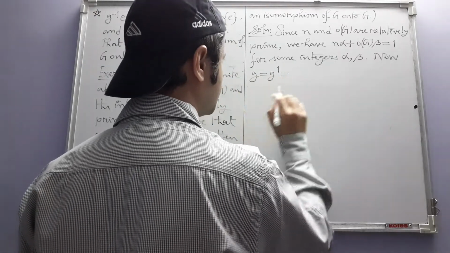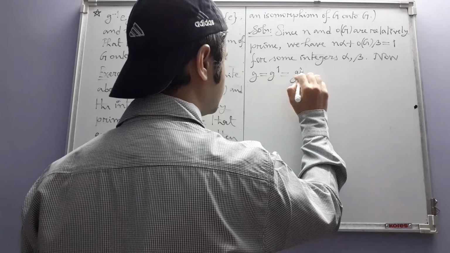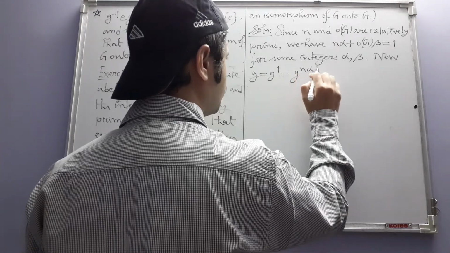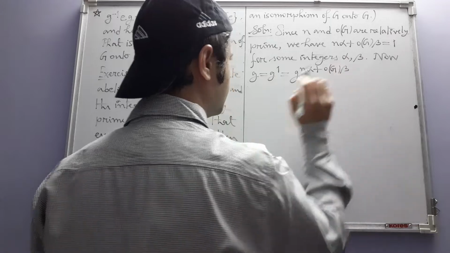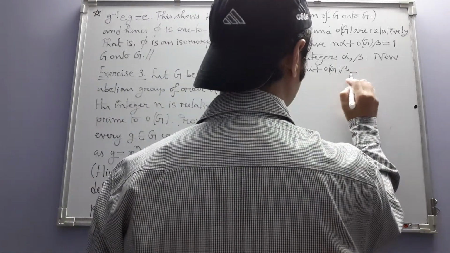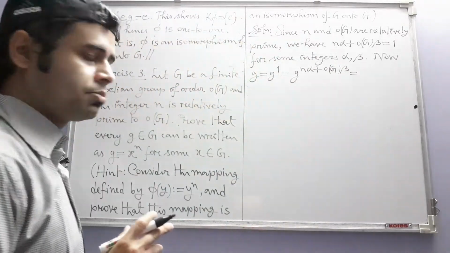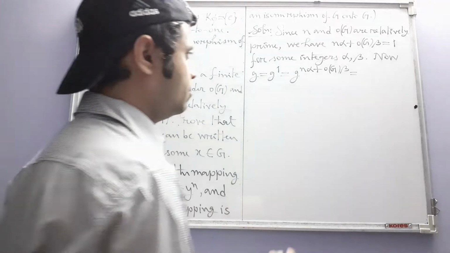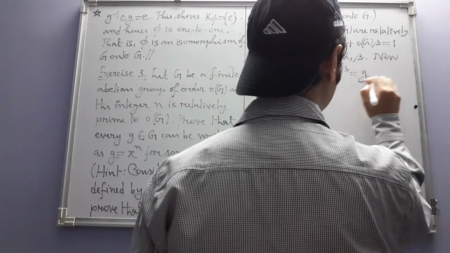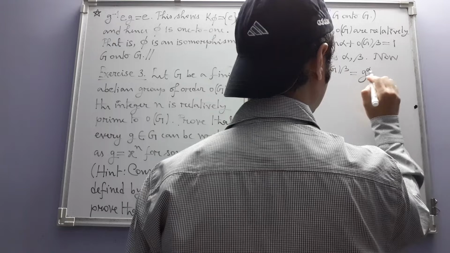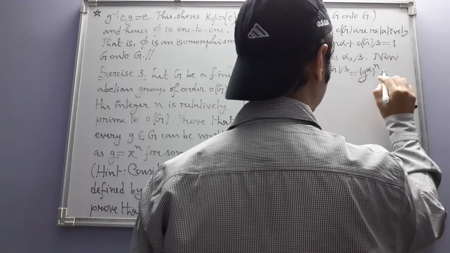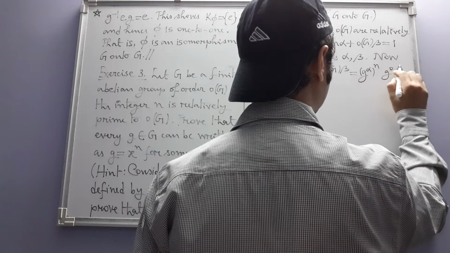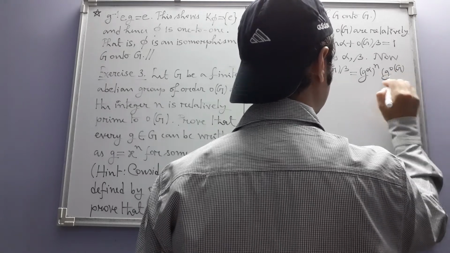Now in place of this 1 we can write n alpha plus order of G times beta, and using the rules of exponent that is true in any group, this can be written as g to the power alpha whole to the power n times g to the power order of G whole to the power beta.